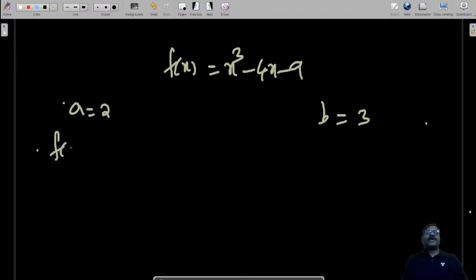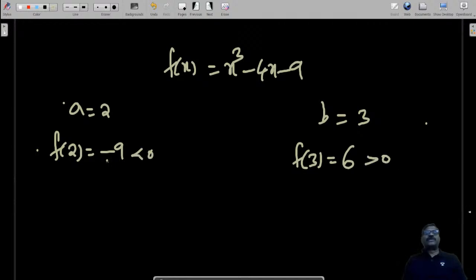Functional value at 2: 8 minus 8 minus 9. Functional value at 3: 3 cube is 27, minus 12, minus 9, that is 6. Clearly here it is negative, here positive.